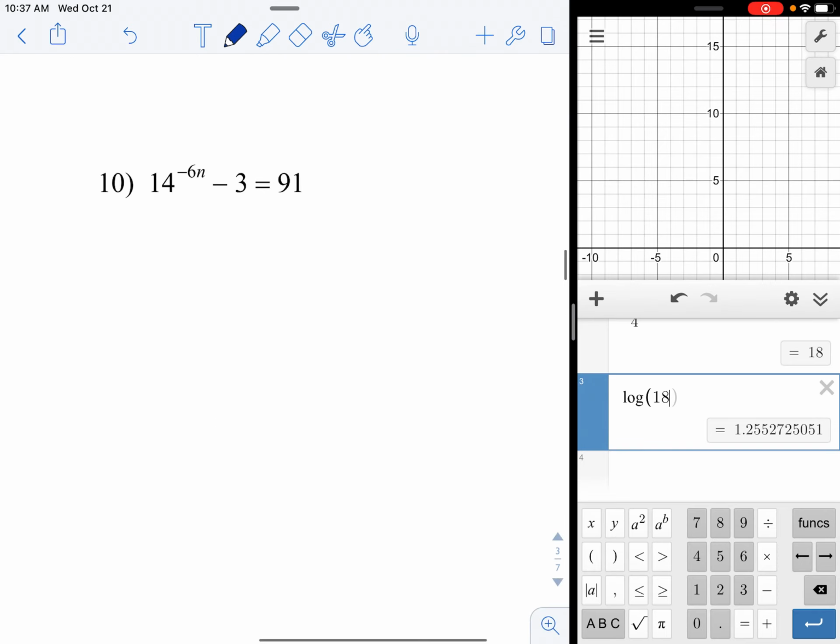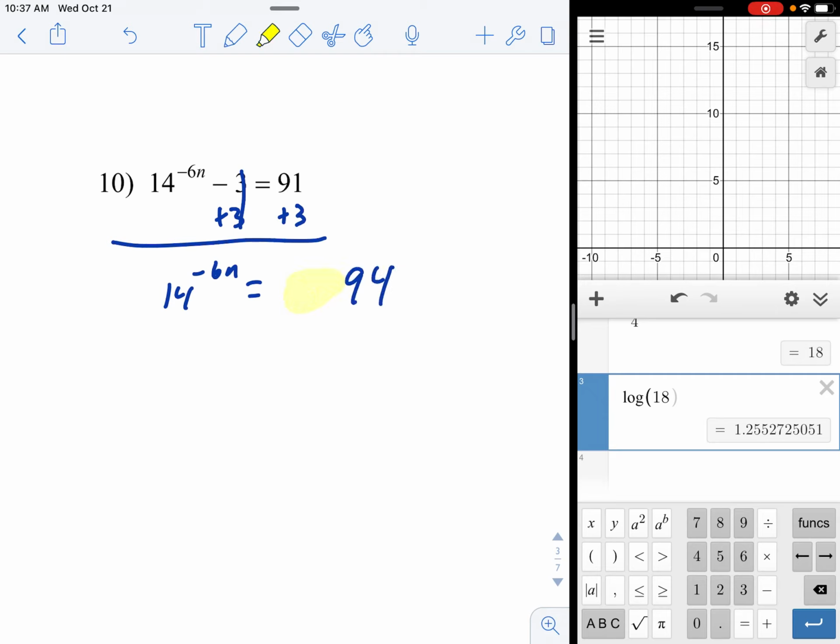Number 10. To solve this one, I'm going to need to start by adding 3 to both sides. 14 to the negative 6n equals 94. Notice I left a space here intentionally because I'm thinking ahead. My next step is going to be to take log base 14 of both sides. Why log base 14? Because I want to cancel out a base 14.